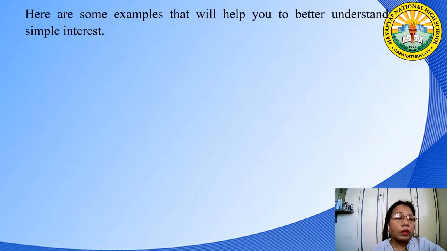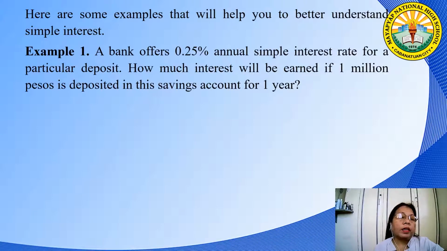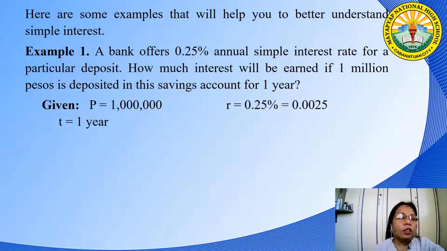Here are some examples that will help you to better understand simple interest. Example 1. A bank offers 0.25% annual simple interest rate for a particular deposit. How much interest will be earned if 1 million pesos is deposited in this savings account for 1 year? So the given are P equals 1 million pesos.